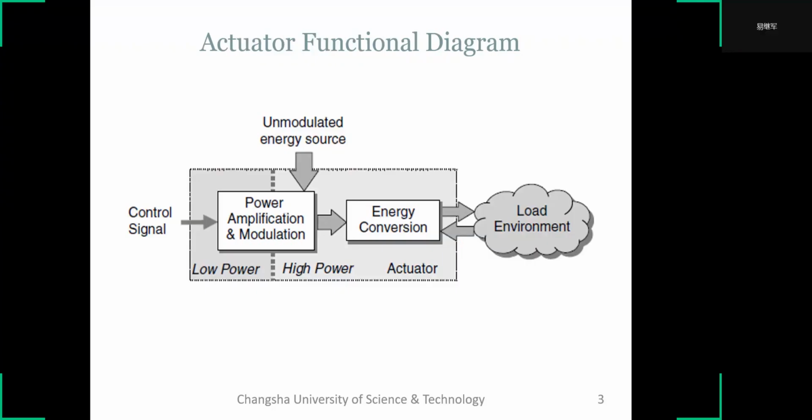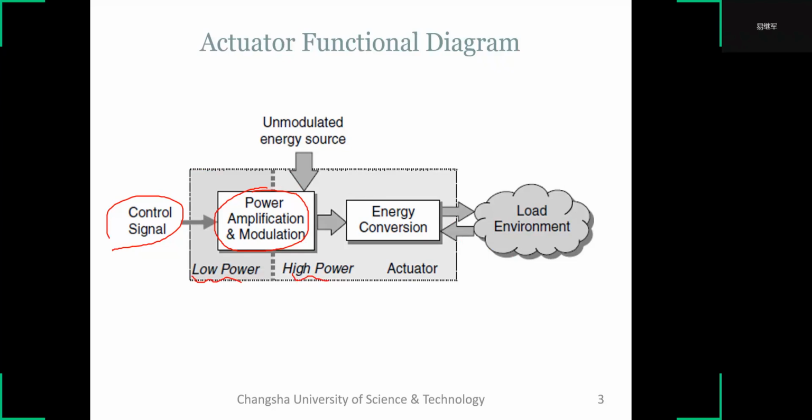Here is an actuator functional diagram. The control signal is received by the power amplification and modulation block, and this module is used as an interface between low power and high power.